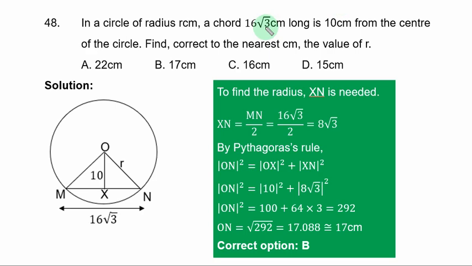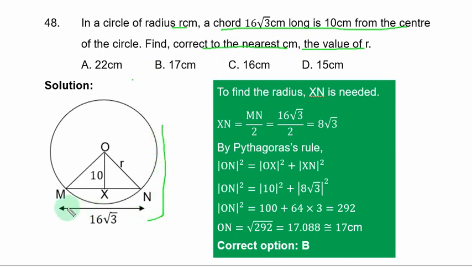Question 48. In a circle of radius R cm, a chord of 16√3 cm long is 10 centimeters from the center of the circle. Find, correct to the nearest centimeter, the value of R. This diagram represents the information.